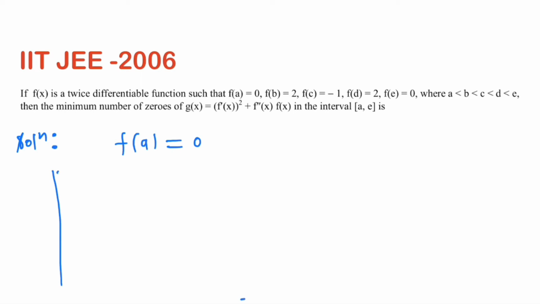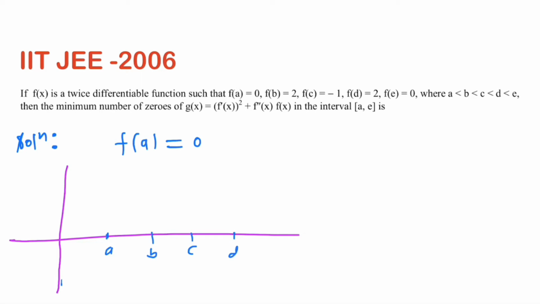Let's consider simply f(a) = 0 is given, like we have taken that. You can see a is less than b is less than d. Suppose this is a < b < c < d < e.